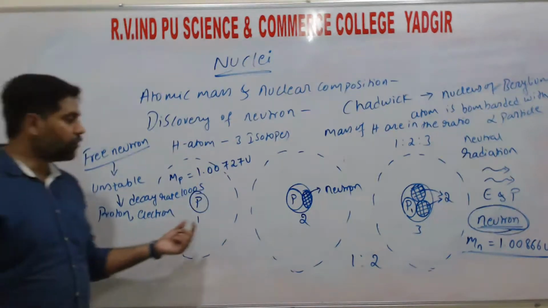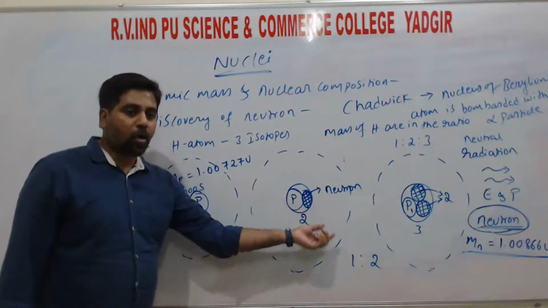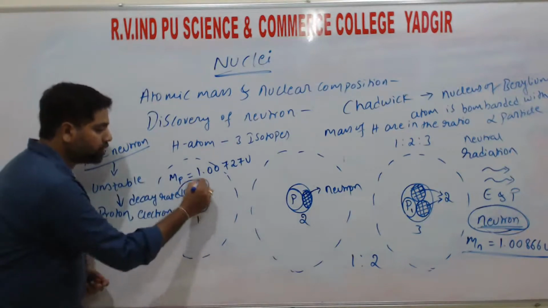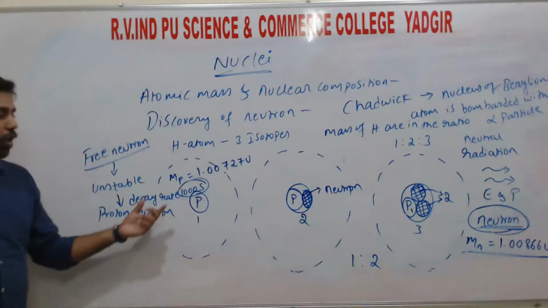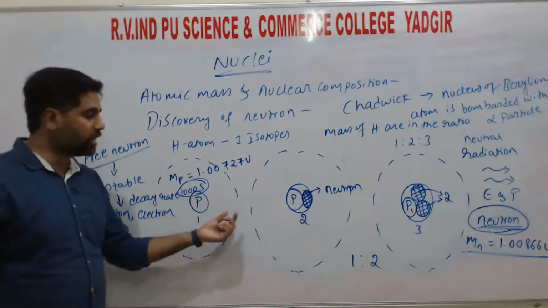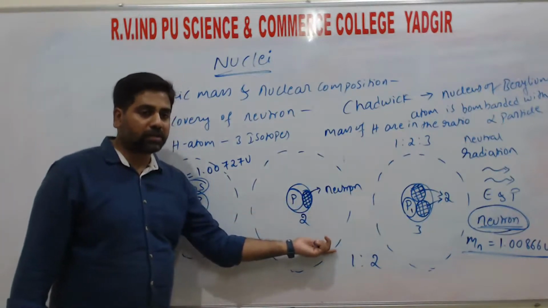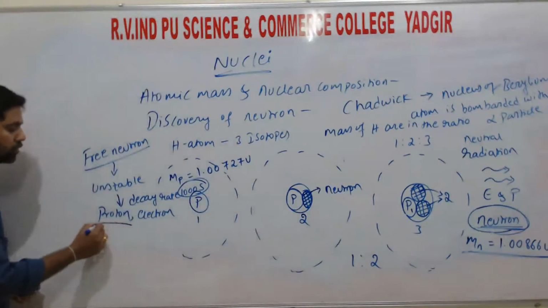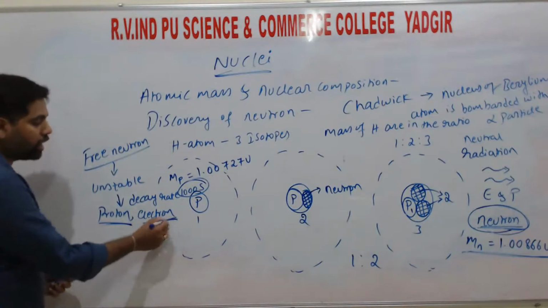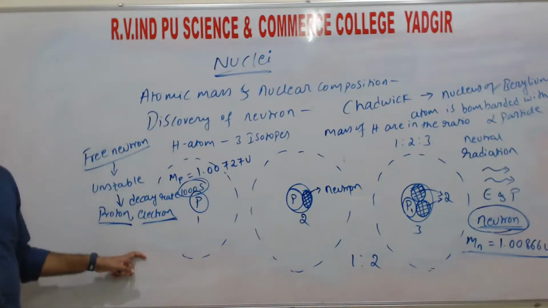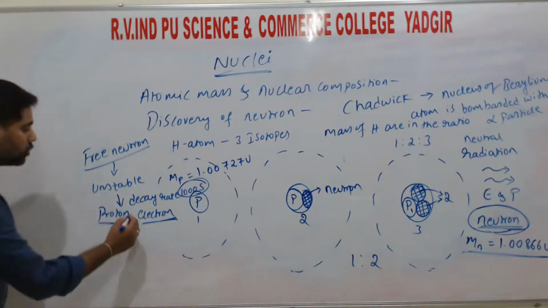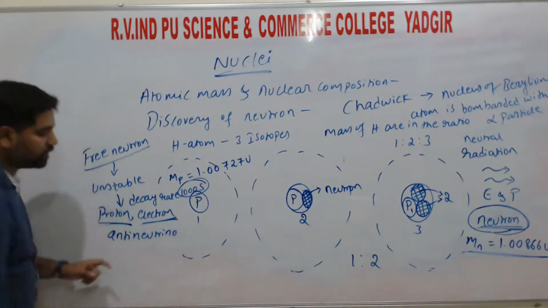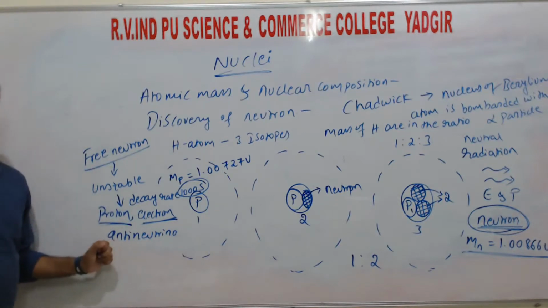That means the neutron outside the nucleus lasts only about 1000 seconds, right? Up to 1000 seconds it will be present outside the nucleus, and until then it decays into a proton, an electron, and an anti-neutrino, right? The anti-neutrino is also an elementary particle, right?